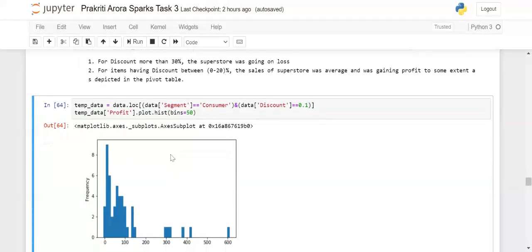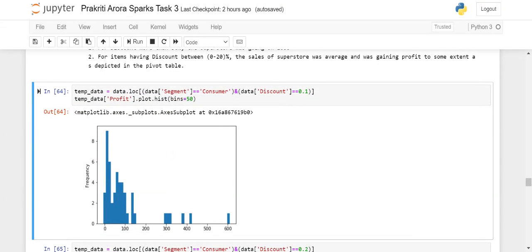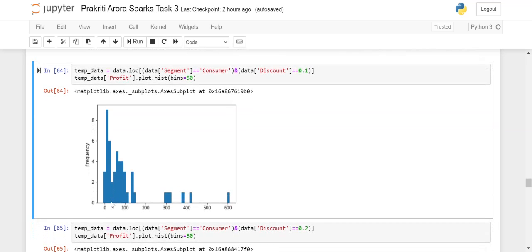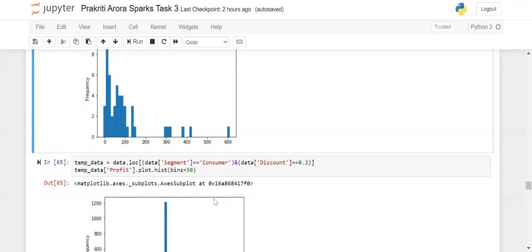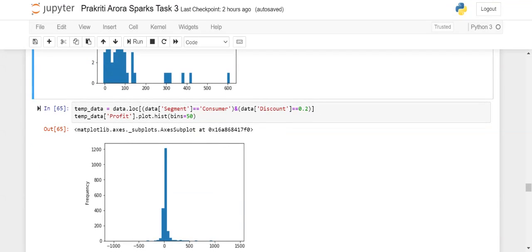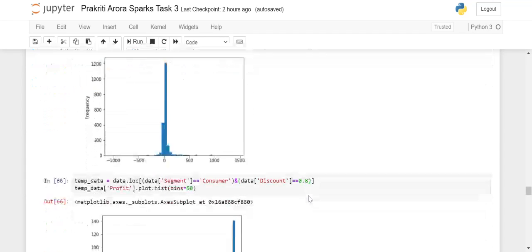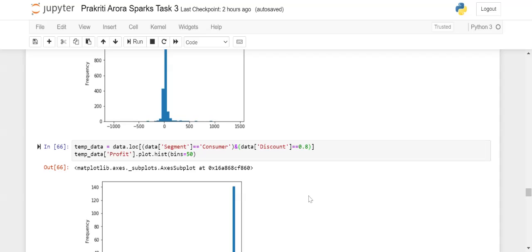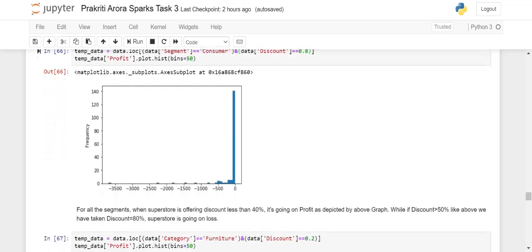Now we have plotted the consumer segment. When the discount is 10%, the profit is quite reasonable, and when we see for a 20% discount, the profit is still there. And then we'll check the 80% discount, consumer segment only.